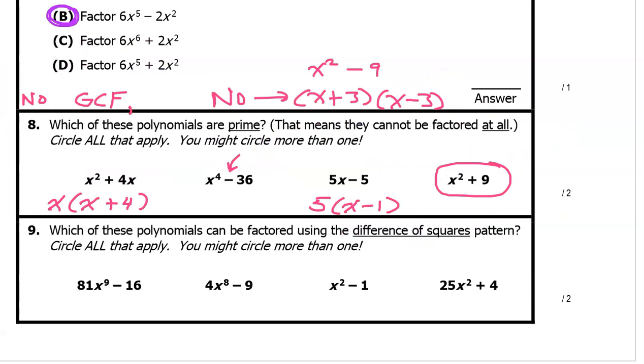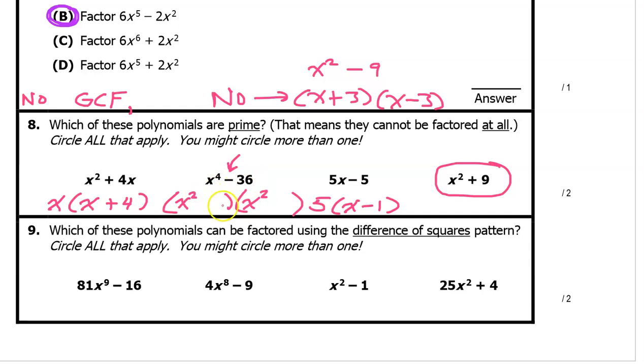On the other hand, x to the fourth power minus 36 is the difference of two squares. Notice that 36 is a perfect square because that's 6 times 6. And we can factor this by doing, well, x to the fourth power is x squared times x squared.